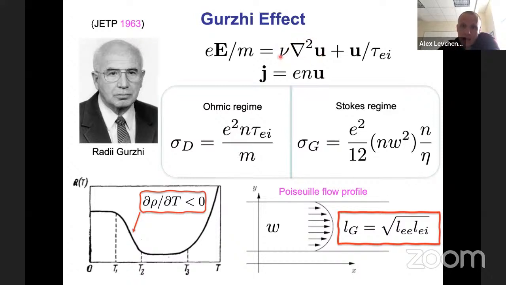Nu here is the kinematic viscosity, which is the shear viscosity divided by mass density, and then there is some term that describes the pure relaxation of electrons scattered off impurities. And then this equation should be supplemented by the constitutive relation connecting the particle current or electrical current to the hydrodynamic velocity u.